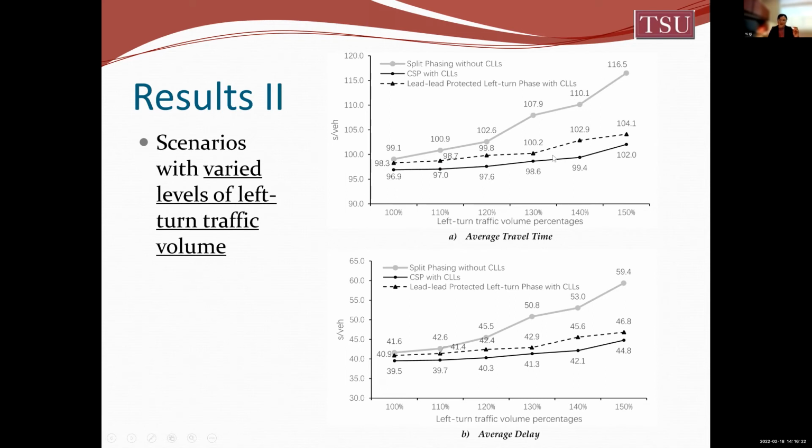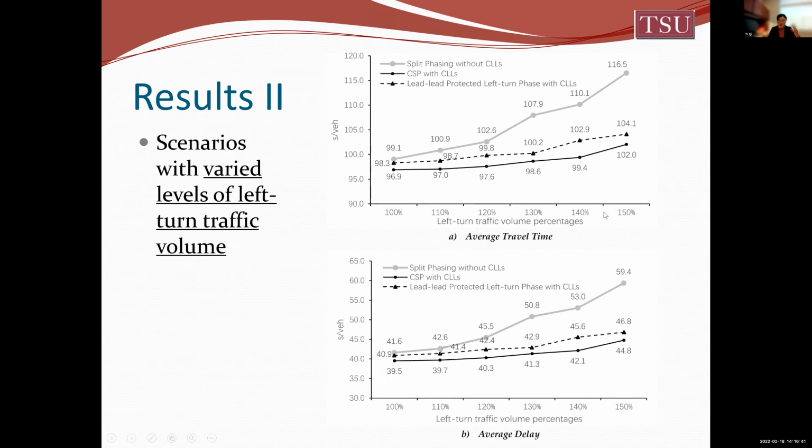That is because these 2 lines are for the situation with the CLL design, the control left-hand design. That means if your left-hand traffic volume becomes more and more heavy, using the CLL design will give you more benefit.